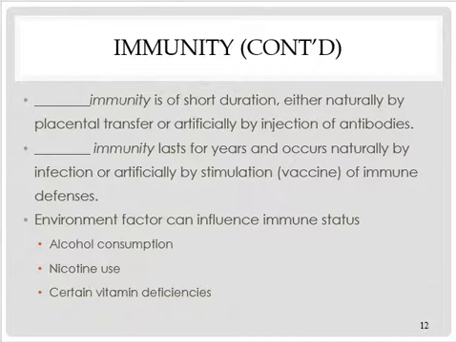Environmental factors can influence immune status. People who consume alcohol, well, not even large amounts, but alcohol consumption in general. My nicotine users or smokers, and people born with certain vitamin deficiencies.